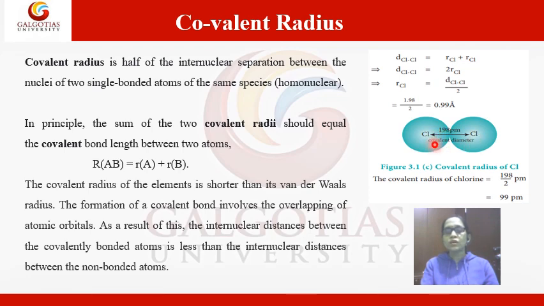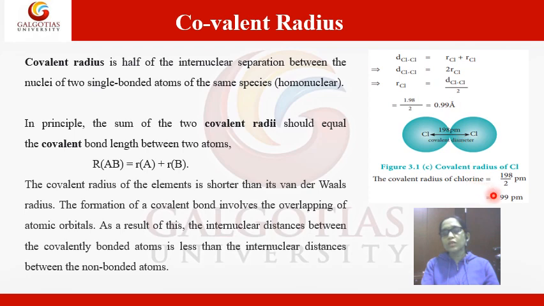This diameter is the atomic radius of one chlorine plus the atomic radius of another chlorine. So this covalent diameter is 2 times the radius of one chlorine atom. Here the covalent radius is equal to this distance, 198 picometer, divided by 2, that is 99 picometer or 0.99 angstrom.